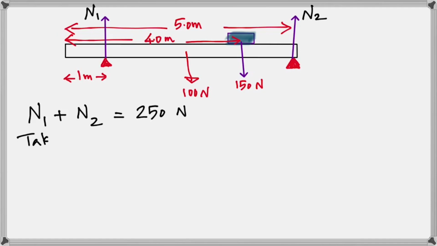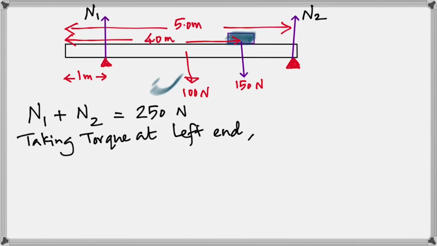So what are the clockwise torques? This weight is clockwise, this one is also going to be clockwise, and N1 and N2 are going to be counterclockwise. Taking the torque at the left end, that's clockwise 1, clockwise 2, counterclockwise 1, counterclockwise 2.